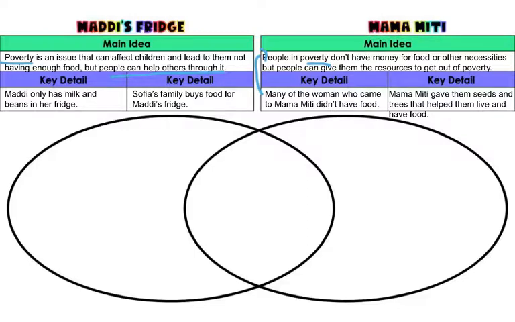Mama Mitty gave them seeds and trees that helped them live and have food. We are supporting the main idea here. So when we look at comparing and contrasting Maddie's Fridge to Mama Mitty, we need to think about what is the same and what is different.